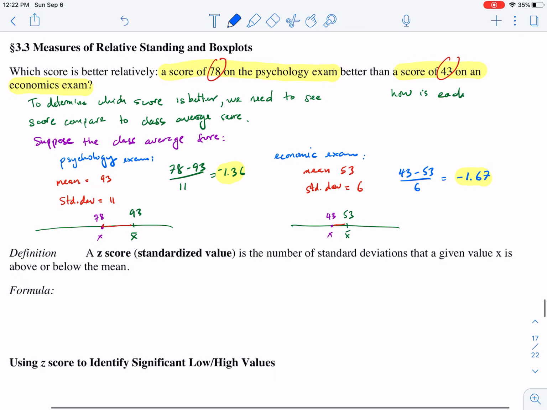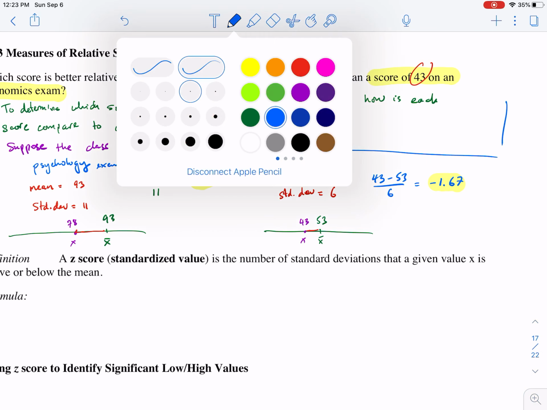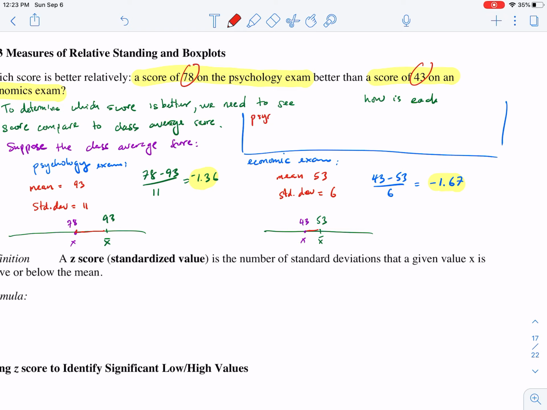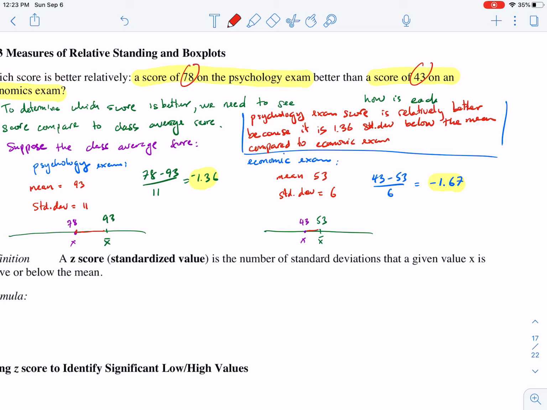So we say that the psychology exam score is relatively better, not because it's higher, but because it is 1.36 standard deviations below the mean, compared to the economics exam, 1.67 below the mean.